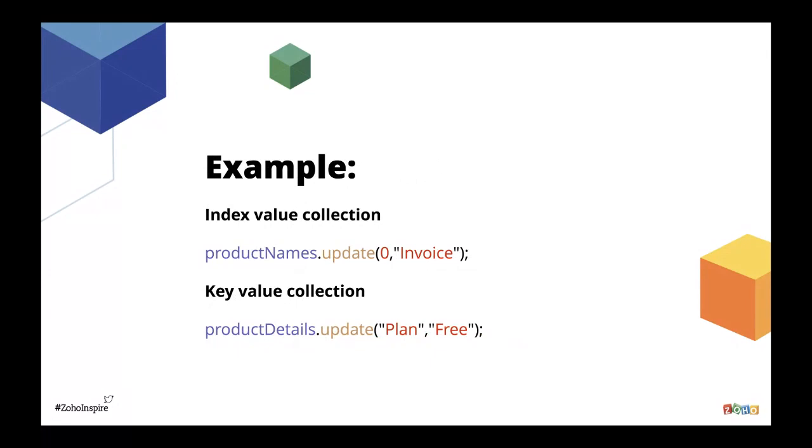Here's an example where we show you how to update an index value collection and a key value collection. So for an index value collection, you have product names dot update, and then you specify the index of the record to be updated. So to update the first record, we would mention 0 as the index, and then the new value, which would be invoice.